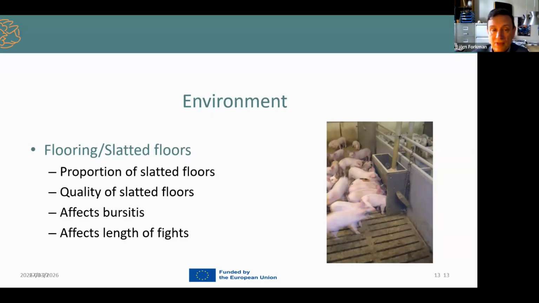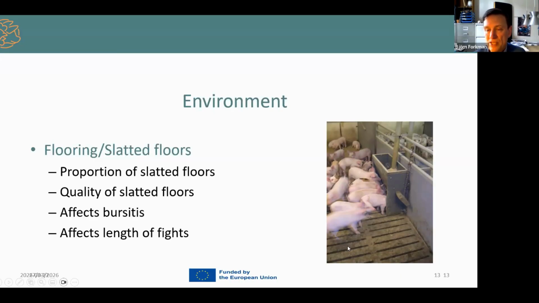Slatted floors is another input measure, proportion of slatted floors. So in this case, a little bit hard to see, but 1/3 of the pen is actually solid floor, and 2/3 is slatted. The problem with slatted floors is that it affects the knee joints of the pigs. There's correlation with bursitis. But slatted floor is also, in general, not always, but in general, more slippery than solid floor.